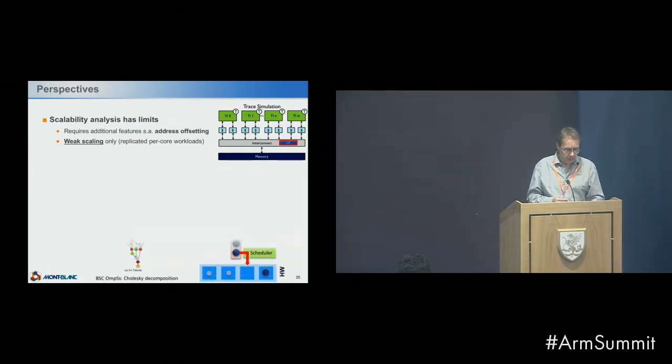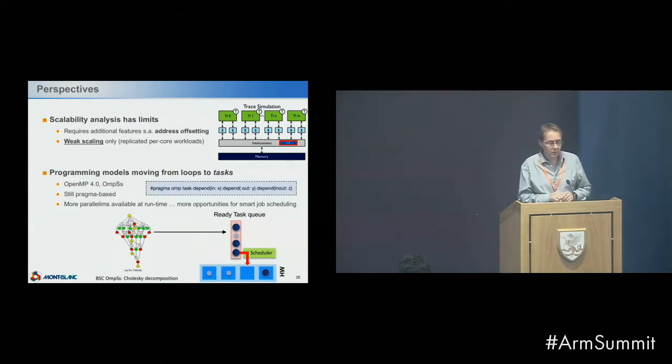And it happens that in the programming model community, and that's also something that is heavily explored in the Mont Blanc project, programming models like OpenMP and OmpSs, which is a kind of forerunner from BSC, are moving from loop-based parallelism to task-based parallelism.